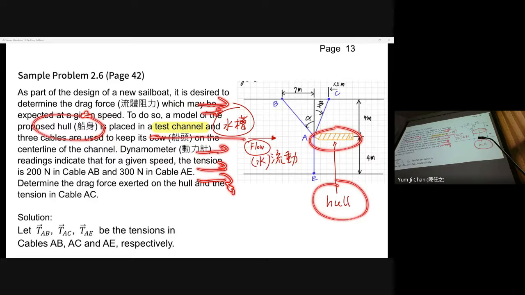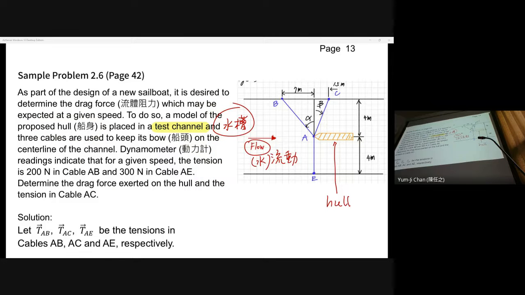So what does the problem give you? The question gives the tension is 200 Newton in AB here, and 300 Newton in AE here. And what do we need to determine? Okay, the question is long, but it is okay, because which word are we going to look for?